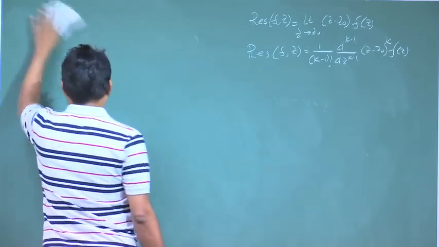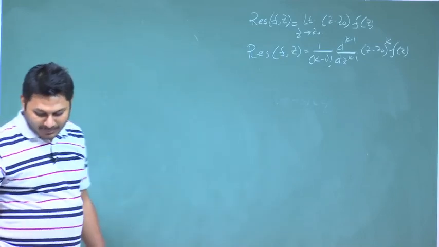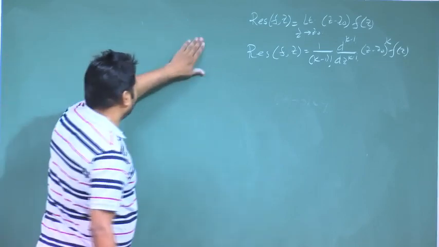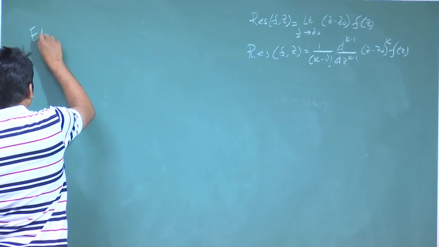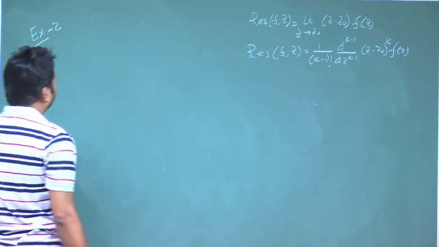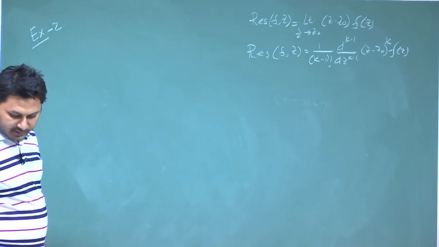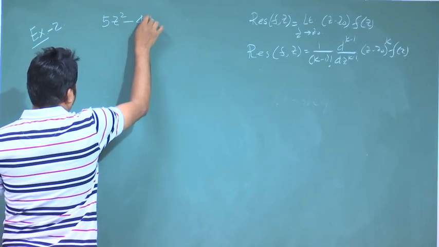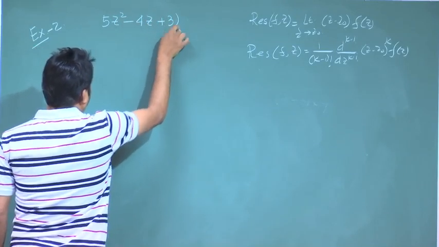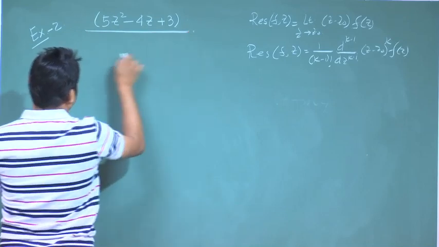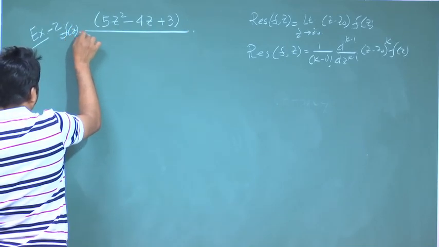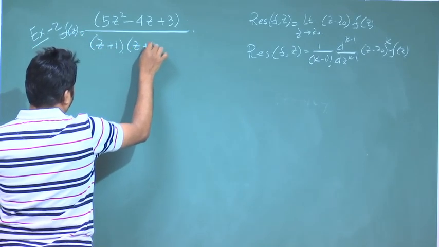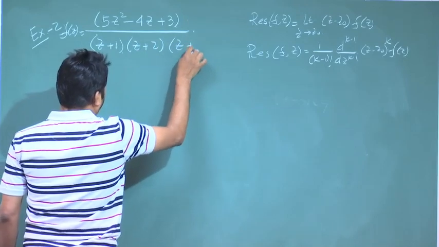Let us do a few similar problems so that you are familiar with the residues you are getting. The next problem is again quite straightforward. Example 2, the function is given as f(z) equals 5z square minus 4z plus 3 in the numerator, and the denominator is (z plus 1)(z plus 2)(z plus 3).